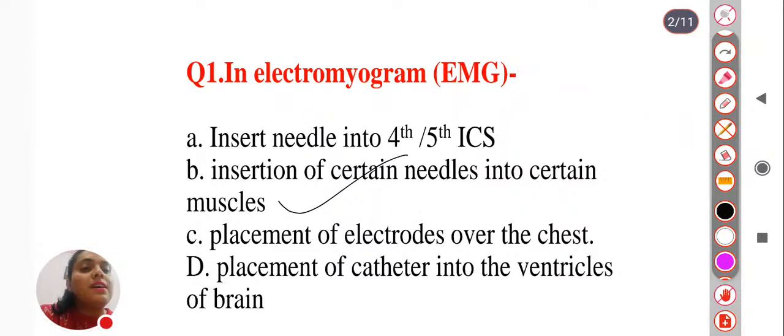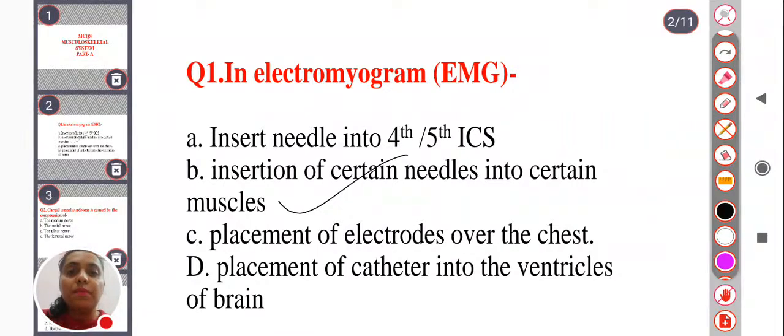The oscilloscope is a display monitor, and it can be attached with an audiometer so that we can also hear the contractions. At rest no activity will be recorded on the screen, because at rest muscle contractions will not be there. But after inserting the needles, the doctor will ask the patient to lift or bend the muscles, and then he will monitor the functioning of muscles, how they are reacting to the nerve stimulus. So I think this would be clear to you. In EMG we insert certain needles into the certain muscles. So B answer is correct.